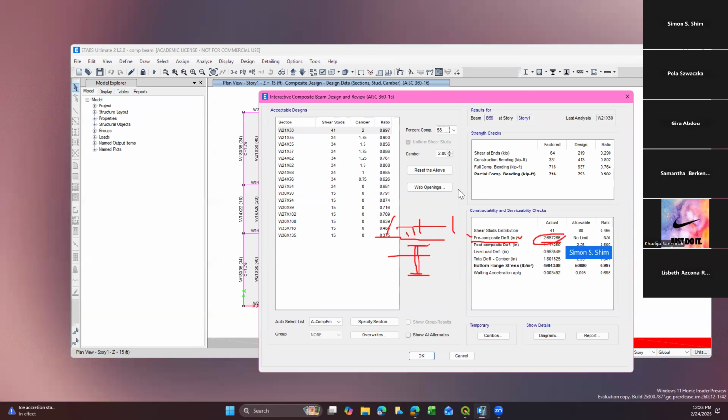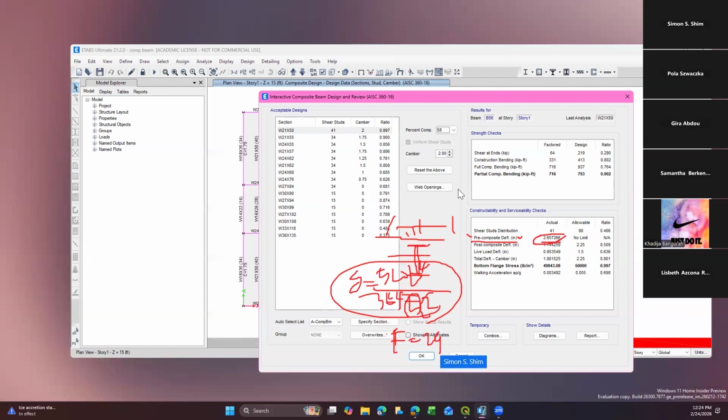The deflection formula is 5wL to the fourth over 384EI for uniform load, where Young's modulus is 29,000 ksi and I is from our section, W21x50.